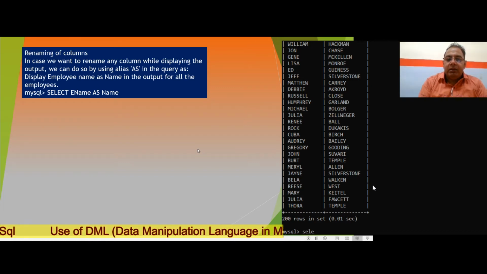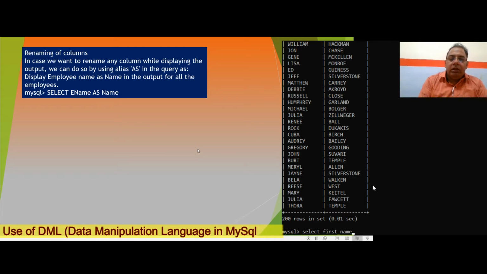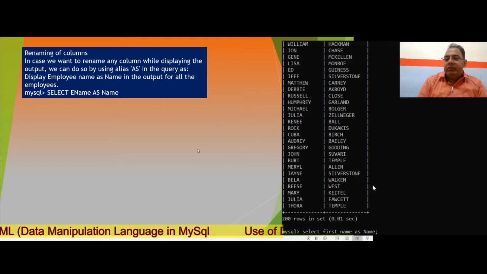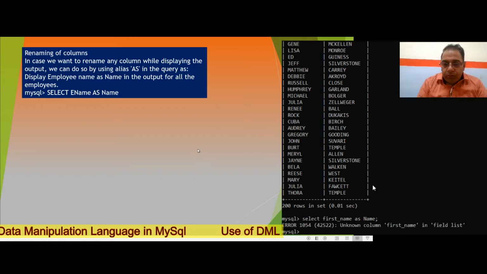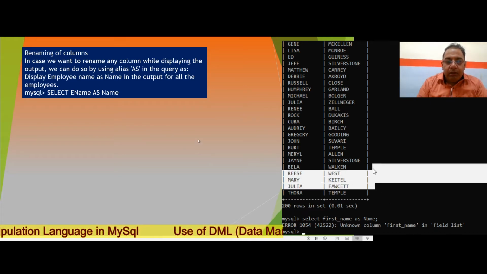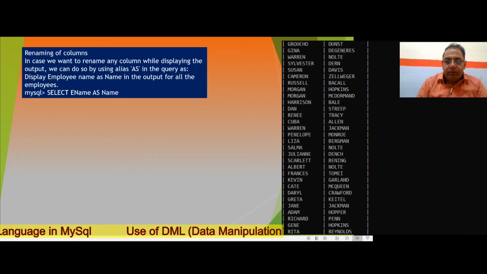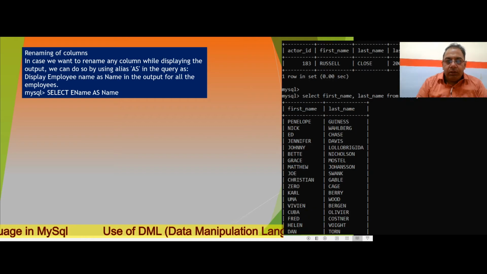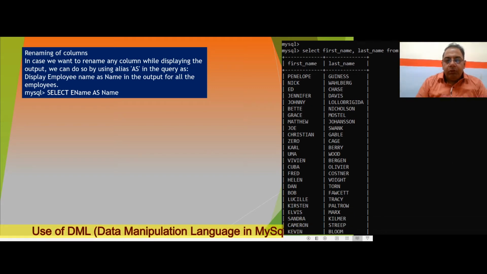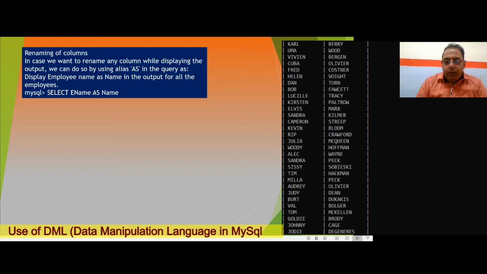select first_name as name, press enter. Sorry, unknown column. First_name is there, but it is not showing, an error is there.